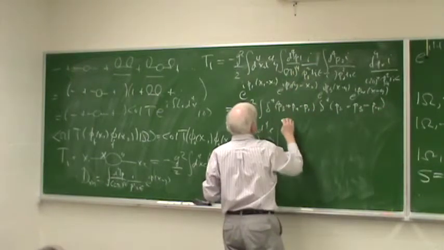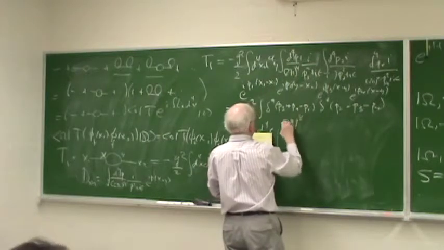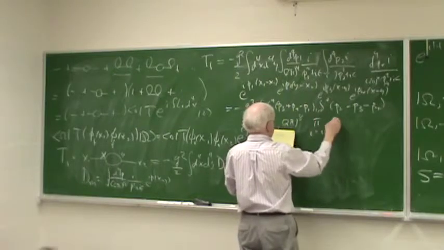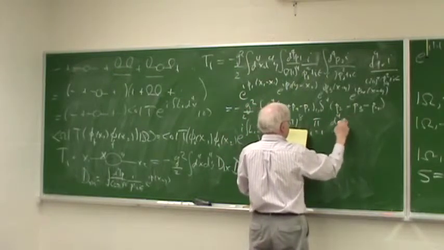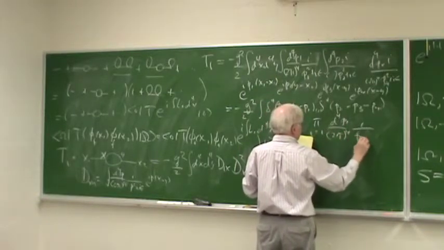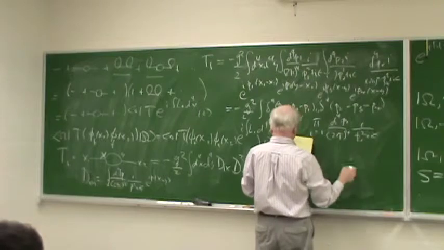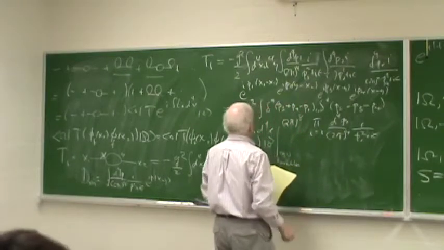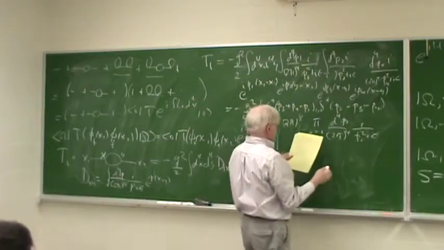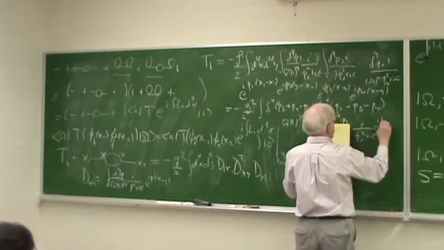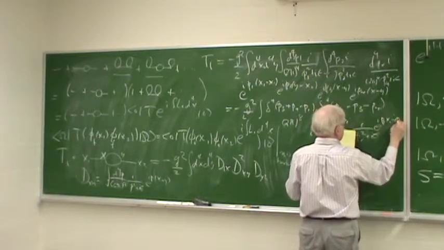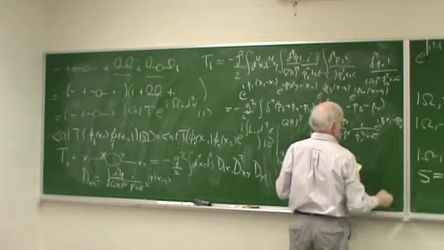We get a (2 pi)^8 from the delta function formula, and then the product over i equals 1 to 4 of d^4pi over (2 pi)^4, i over (pi squared plus i epsilon). Then we have the remaining things we didn't integrate over, namely x1 and x2, which give e to the i p1 x1 minus i p2 x2.